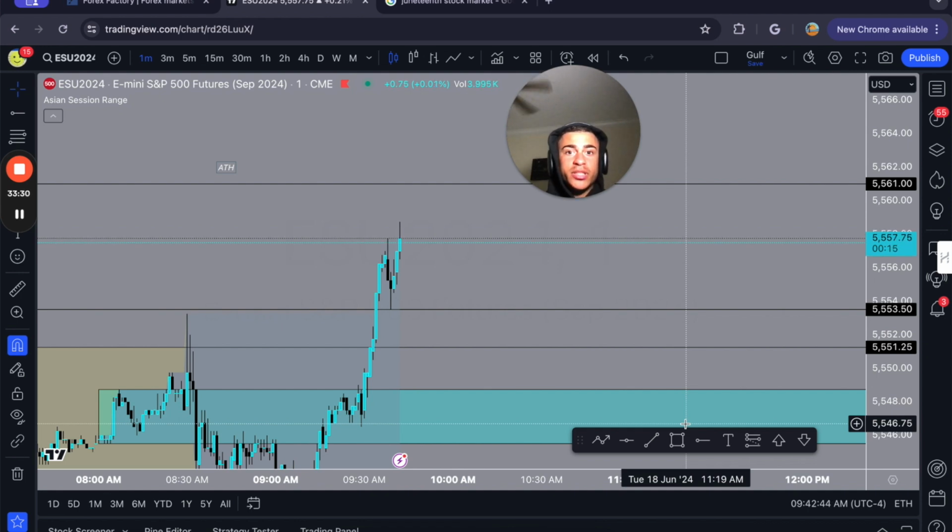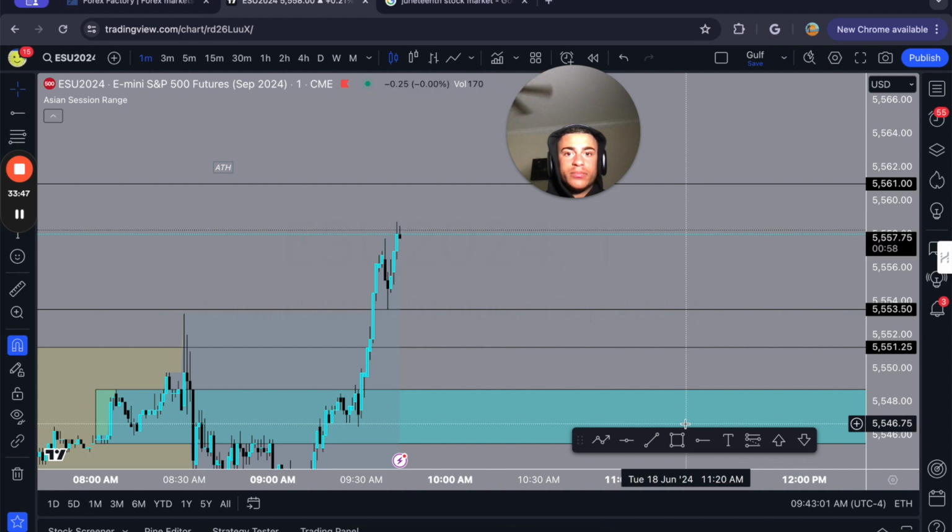All right, this is volume. This is serious volume on this candle. It doesn't always mean bullish, but we're getting increasing volume. This is what we need as scalpers, this volume. So a little bit of sellers coming in.